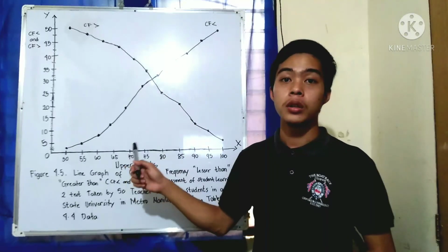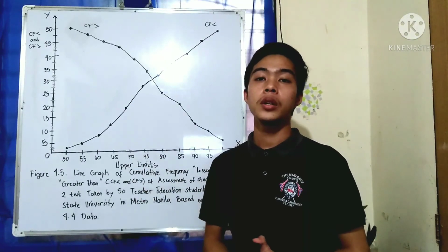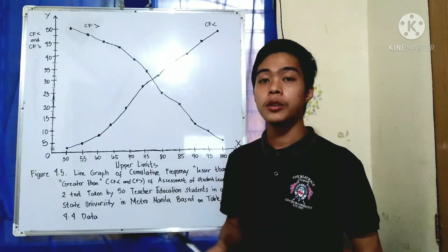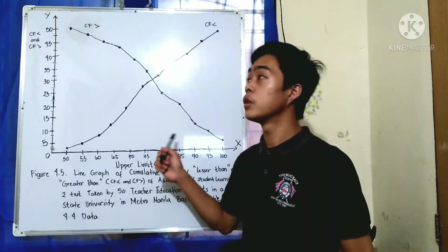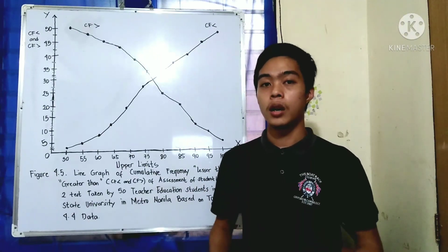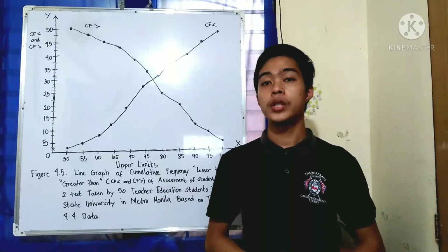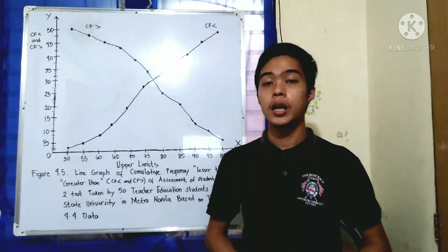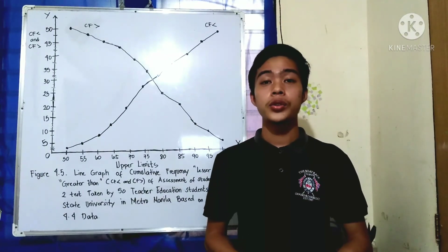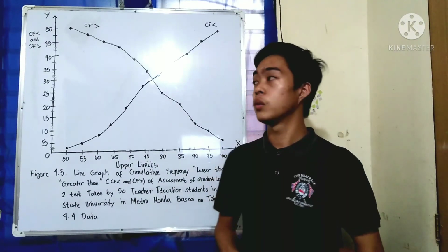In our cumulative frequency greater than, the number of cases falling above can be determined. So that is how we make our line graph of cumulative frequency lesser than and greater than. It is very important for teachers to determine whether a score is falling above or falling below.